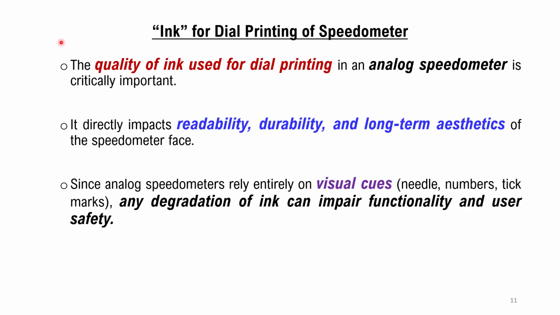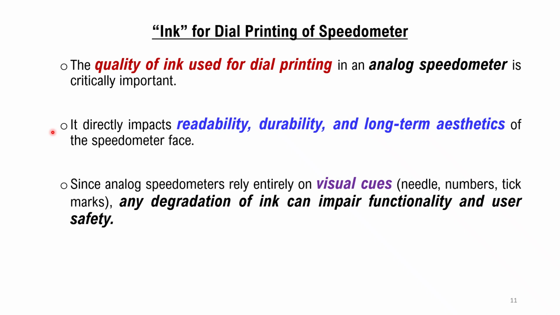That is, the quality of ink used for dial printing in an analog speedometer is critically important, and it directly impacts readability, durability, and long-term aesthetics of the speedometer face.